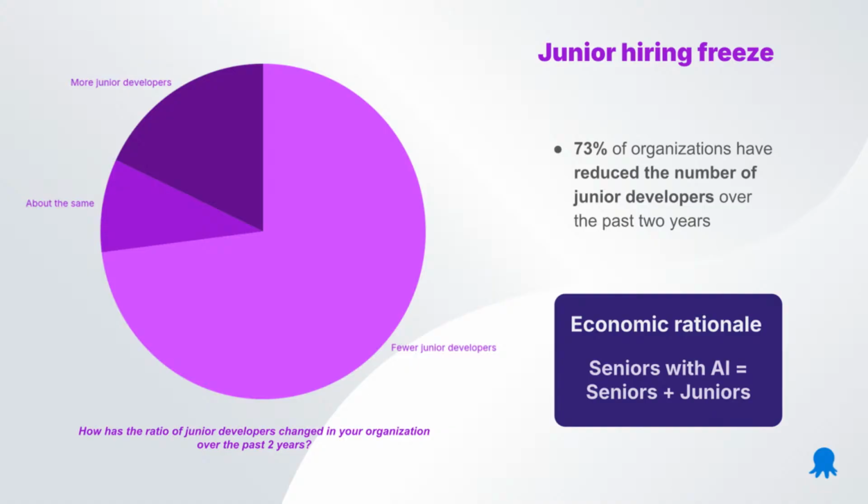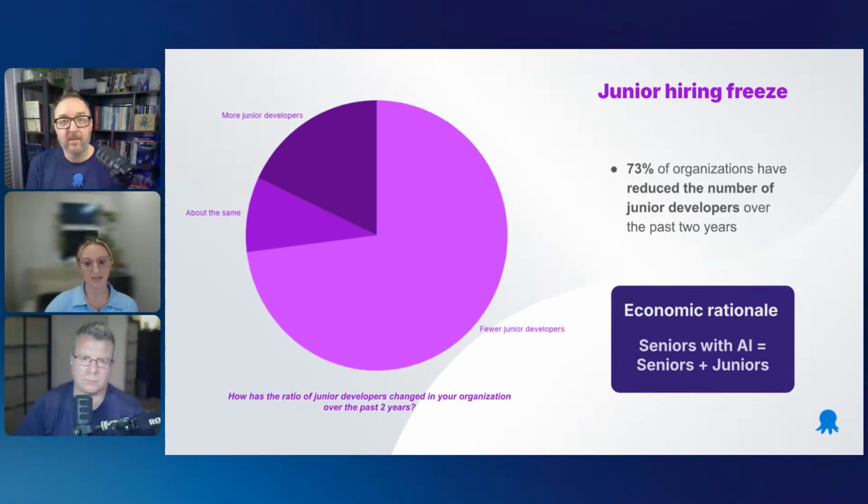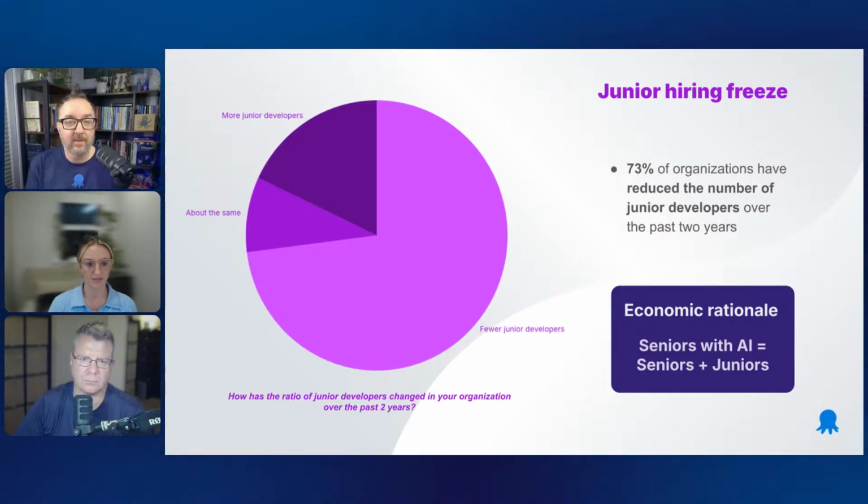Okay, so this graph is moving on from there, and it's talking about the junior hiring freeze. For a number of reasons, not just AI, there has been a massive reduction in junior hiring of developers. 73% of organizations have reduced the number of junior developers over the past 2 years. This is from some of our primary research, and it's huge.